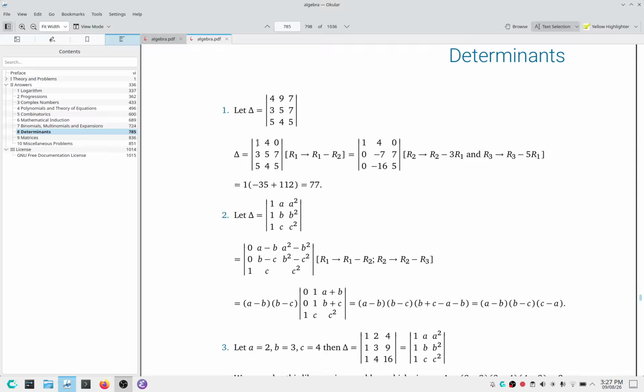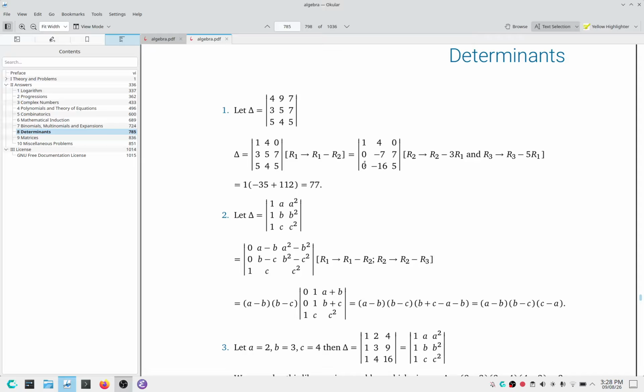So 3 minus 3 times 1 is 0, 5 minus 3 times 4 is minus 7, and this remains 7 because it is 0. Then we do R3 = R3 - 5R1. So we make this 5 a 0 as well. So 5 minus 5 times 1 is 0, and 4 minus 5 times 4 is minus 16, and this remains the same because it is 0.